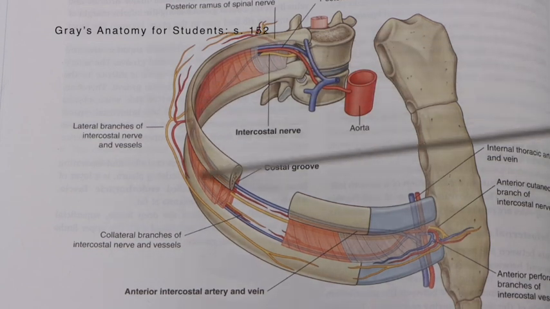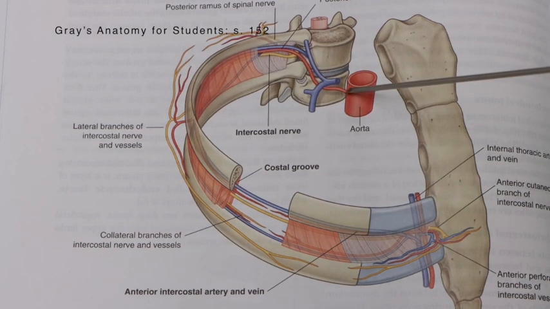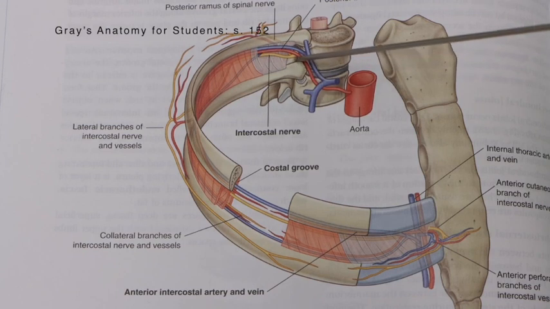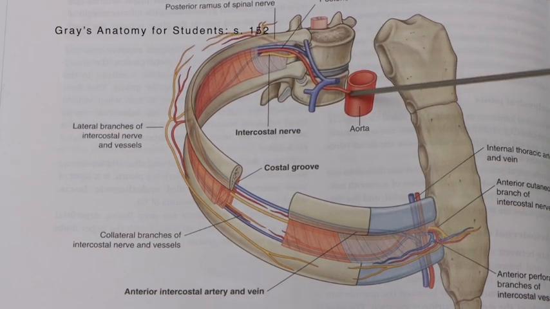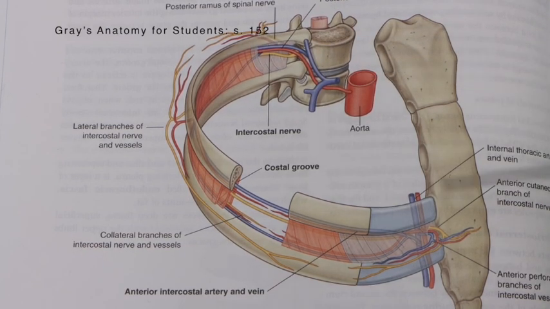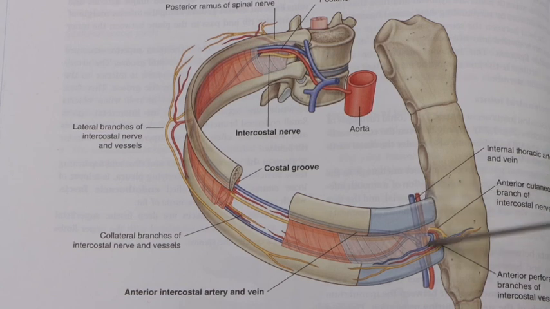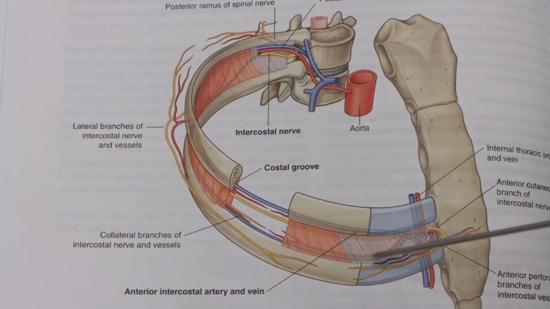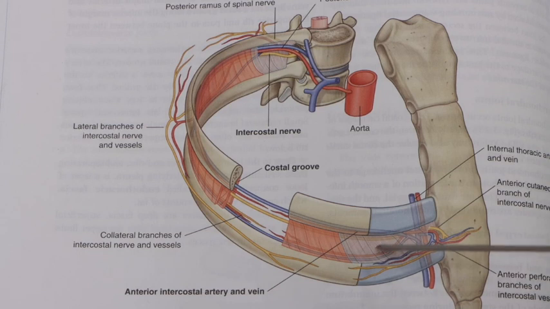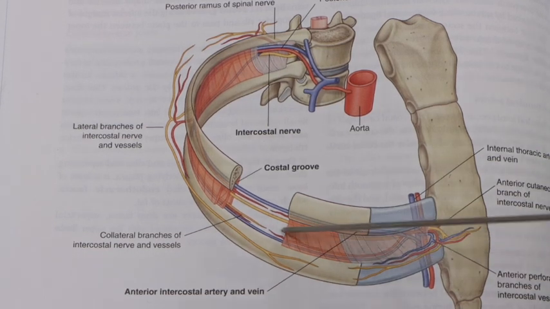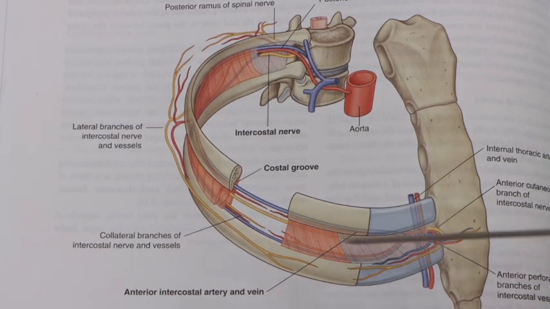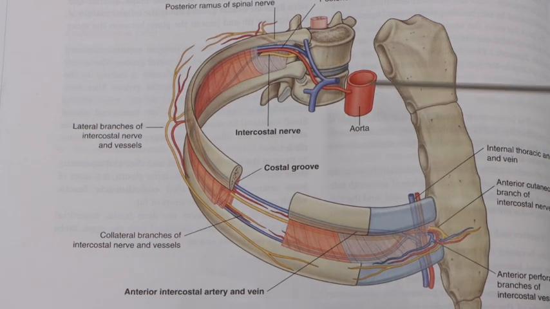The majority of this space is supplied by the posterior intercostal artery, which arises from the aorta, and a small part is also supplied by the branches of the internal thoracic artery, which gives the anterior intercostal artery here that anastomoses with the posterior intercostal artery.